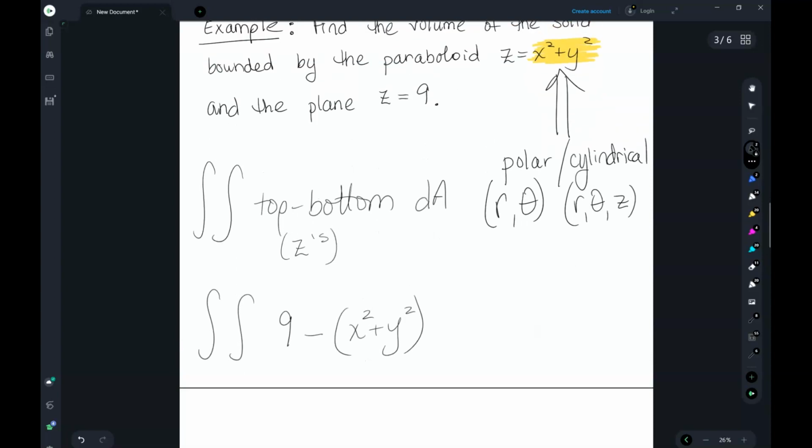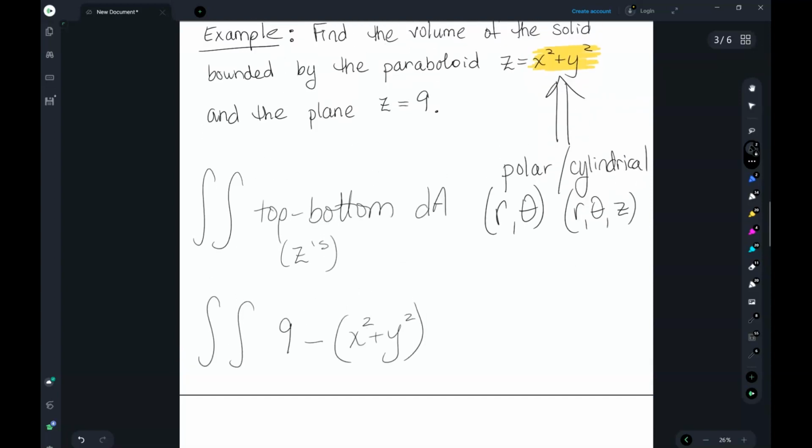Because we have x squared plus y squared, though, this is going to be a lot easier to do in polar or cylindrical coordinates. So we have to remember how to convert from rectangular to polar or cylindrical. But z is the same in both. Z equals z, whether it's z in rectangular or z in cylindrical. So there's nothing we need to do there. But the x's and y's need to be changed to r and theta.